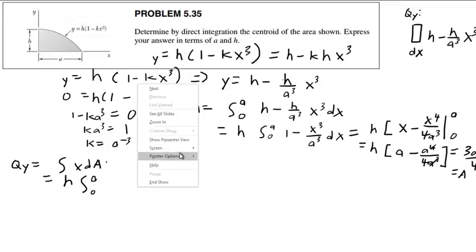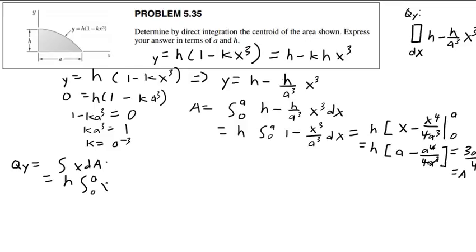I'm going to have x in there. x times 1 minus x to the third over a to the third dx, which equals h times the integral from 0 to a of x minus x to the fourth over a to the third dx, right?